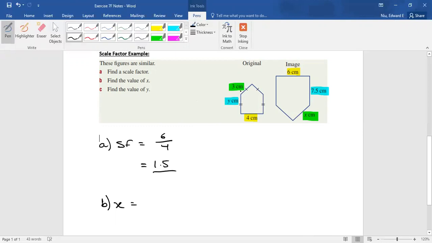We know this shape is 1.5 times bigger, so the side length where the X is, is 1.5 times bigger than 3, which mathematically means 3 times the scale factor of 1.5, which tells us our answer is going to be 4.5 centimeters.